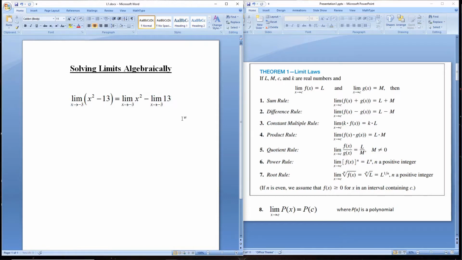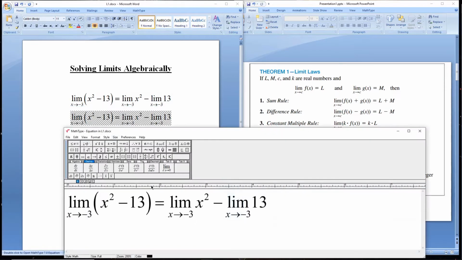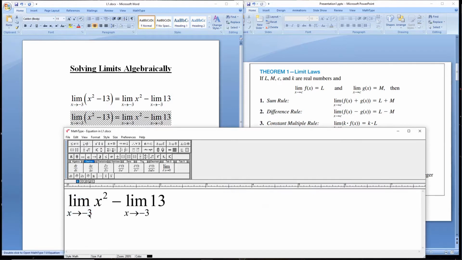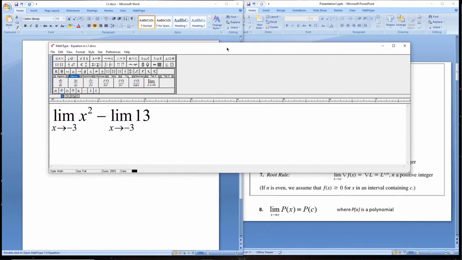And so now what are we going to do? Well, let's look at this first limit here. X squared is a polynomial, and so we can use property 8 then. The limit of a polynomial is always equal to simply plugging in our c value into x.